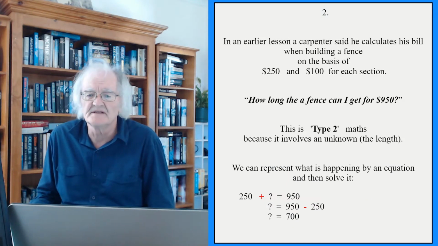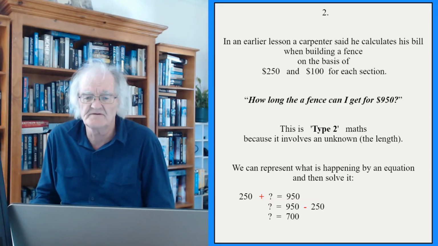In an earlier lesson, a carpenter said he calculates his bill when building a fence on the basis of $250 plus $100 for each section. We looked at the question, how long a fence can I get for $950?